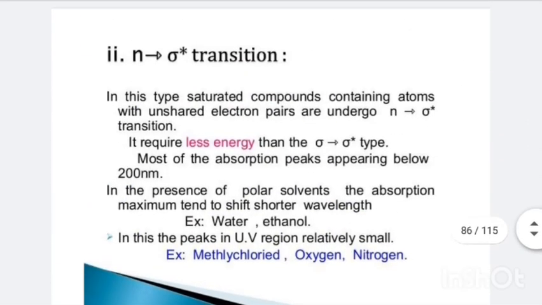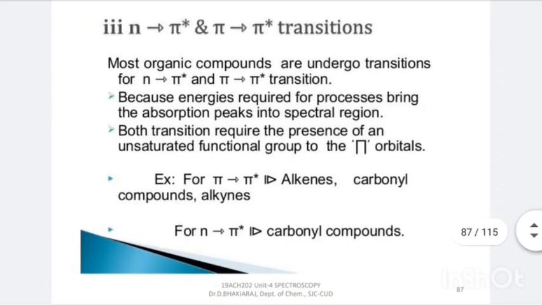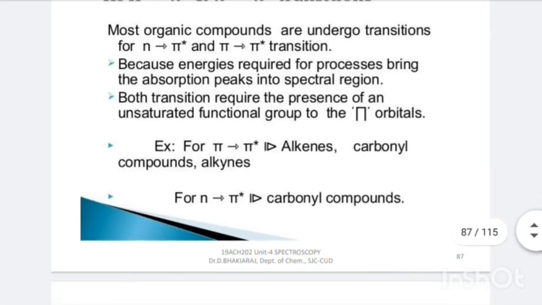And pi to pi star happens in the case of double bonded compounds, alkenes. In the carbonyl compounds, ketones with C double bond O, along with the sigma bond and pi bond, there are non-bonded electrons available on the oxygen. So in this case, n to pi star transition is also possible.